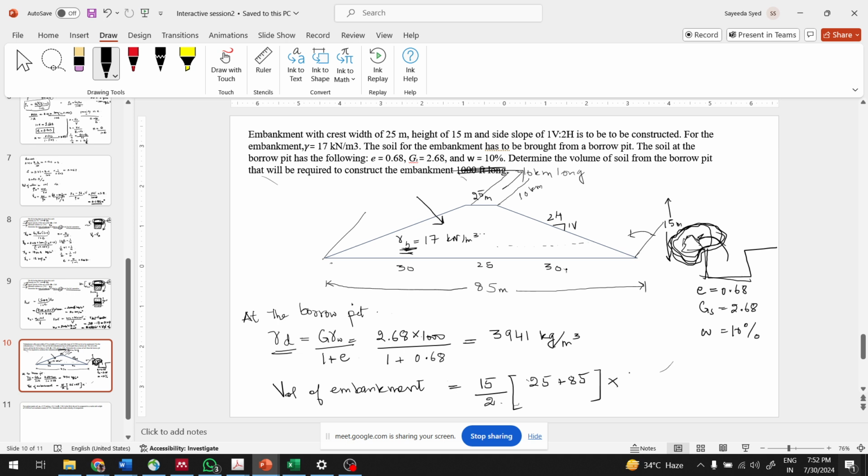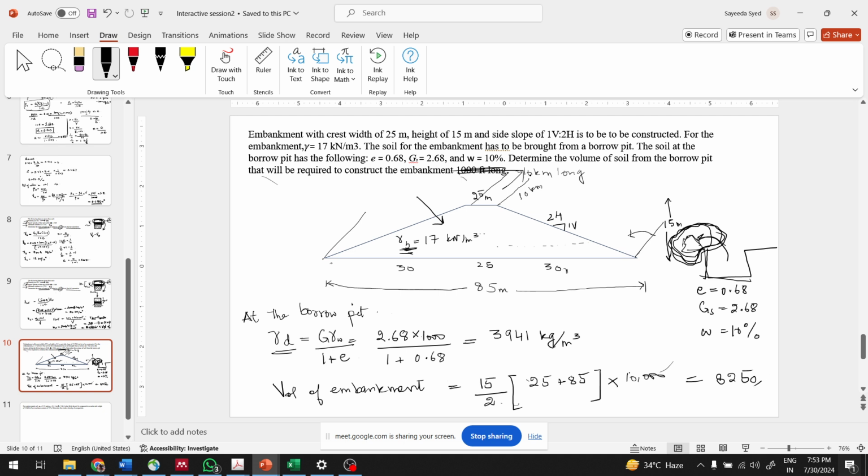See, this is in meters, so we will write 10,000 here, which is 25 plus 85 into 15 over 2, into 10,000, which will be 8250.